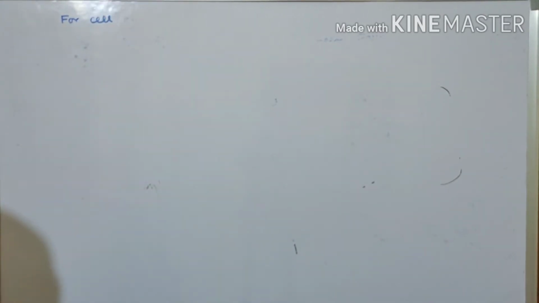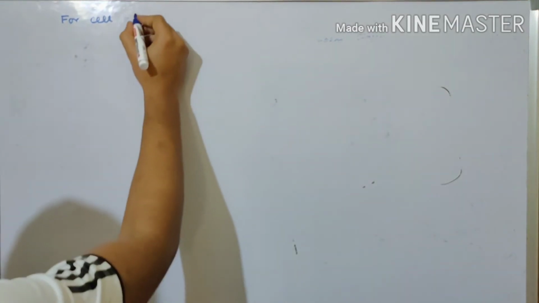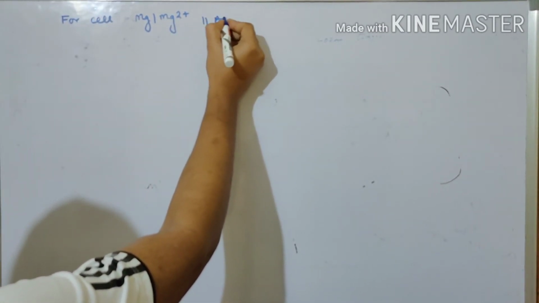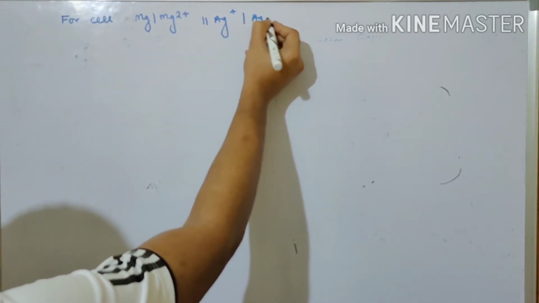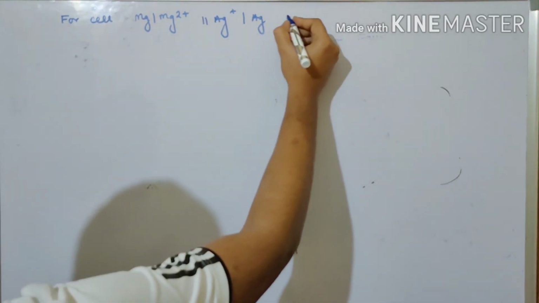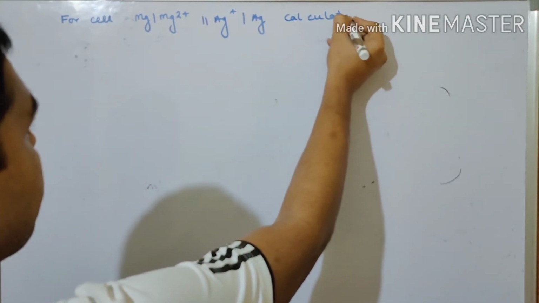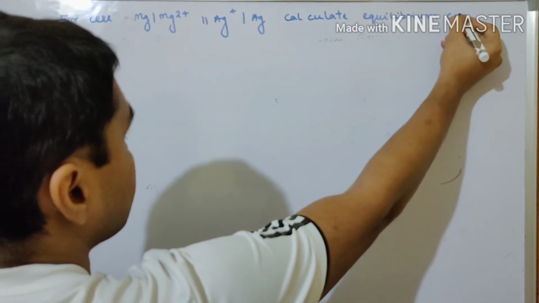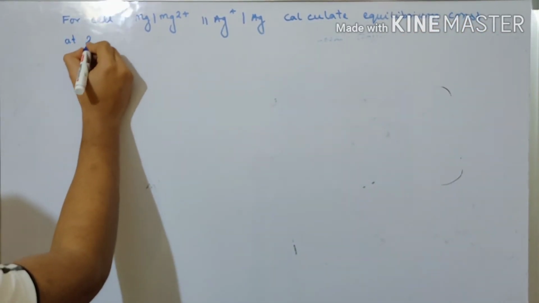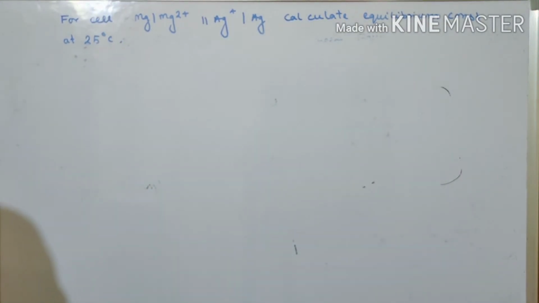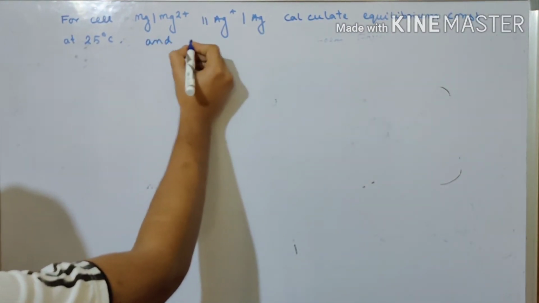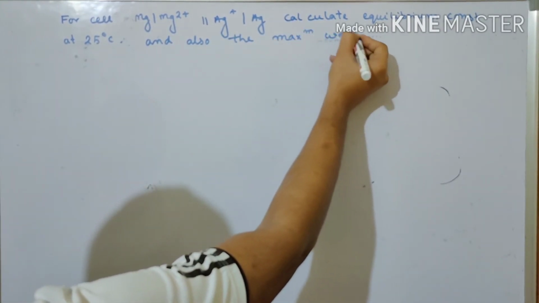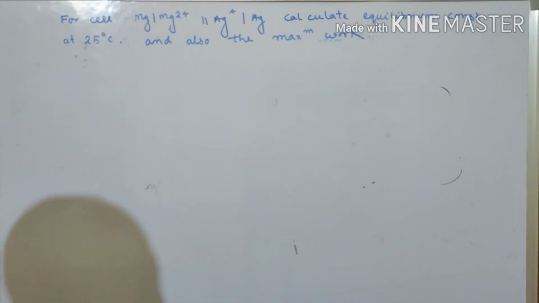For the cell Mg2+ and Ag+, Ag, calculate the equilibrium constant at 25 degrees Celsius, and also the maximum work that can be obtained by operating the cell.